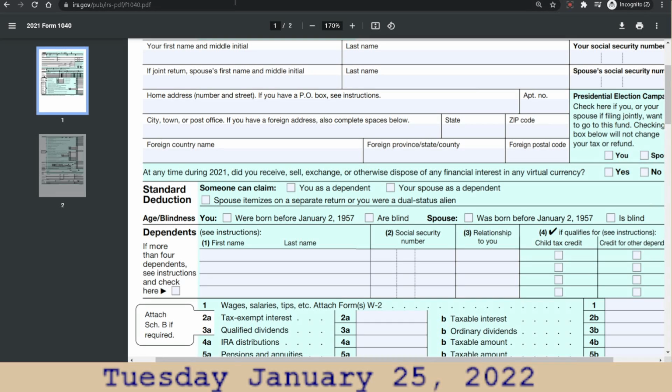That would be right here. So they put this together in one sentence: spouse itemizes on a separate return, or you were a dual status alien. Someone can claim you as a dependent, or your spouse as a dependent. So this is very important right here. Let's look at this again.